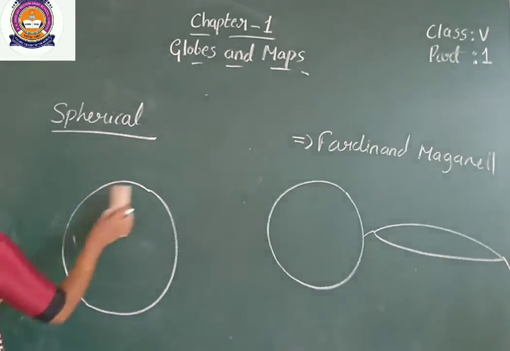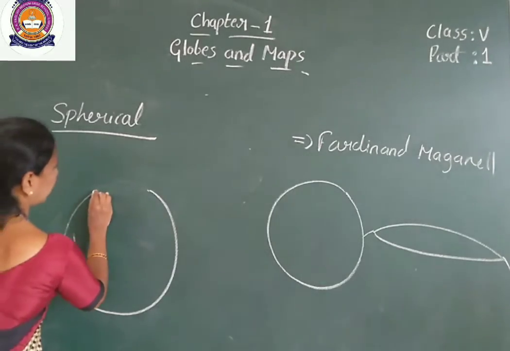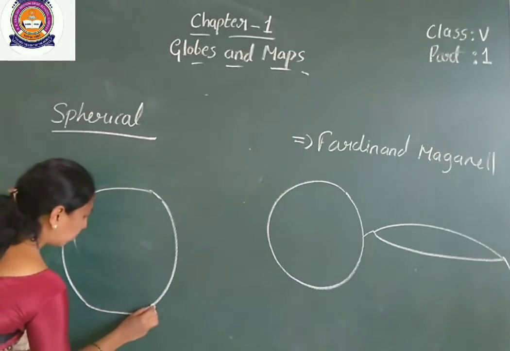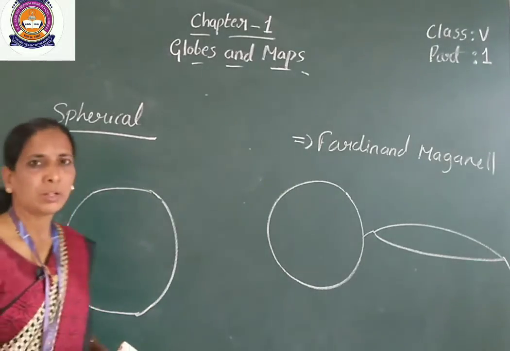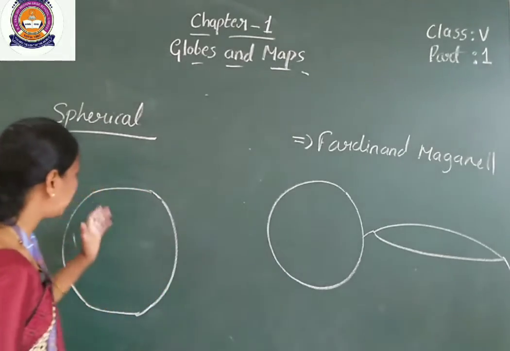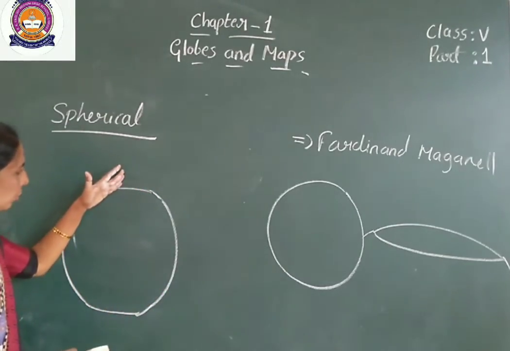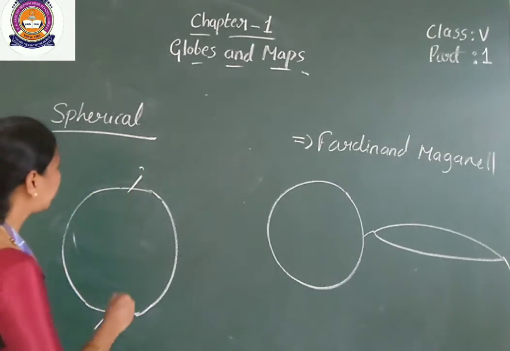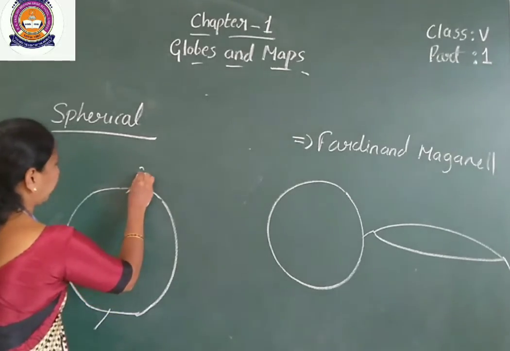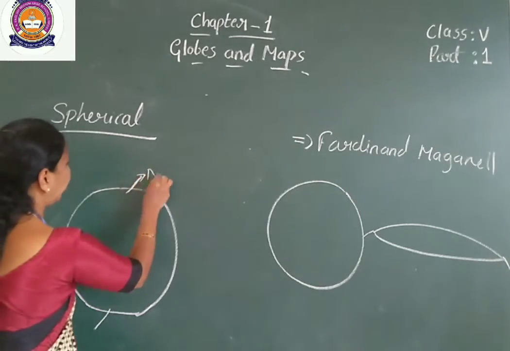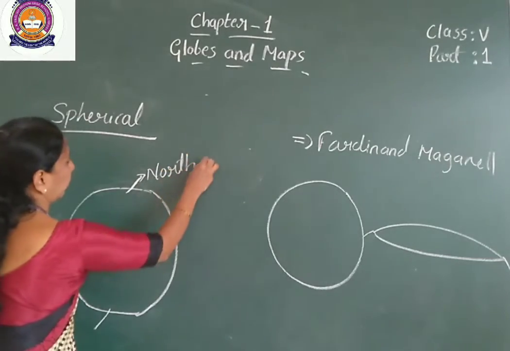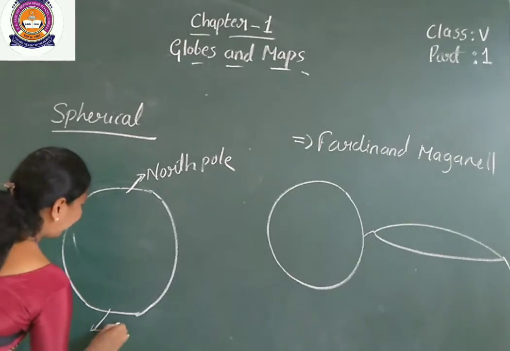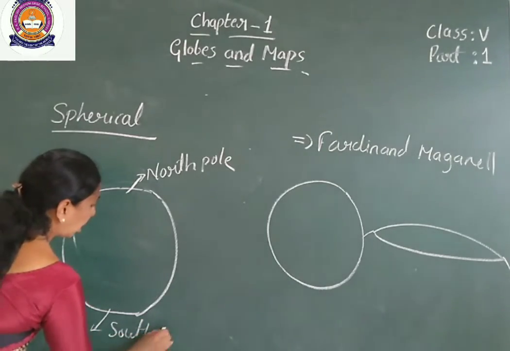It's a round shape, but like the orange, slightly flattened at the top and bottom, like this shape. The top part we mention here is the North Pole, and the bottom part is the South Pole.